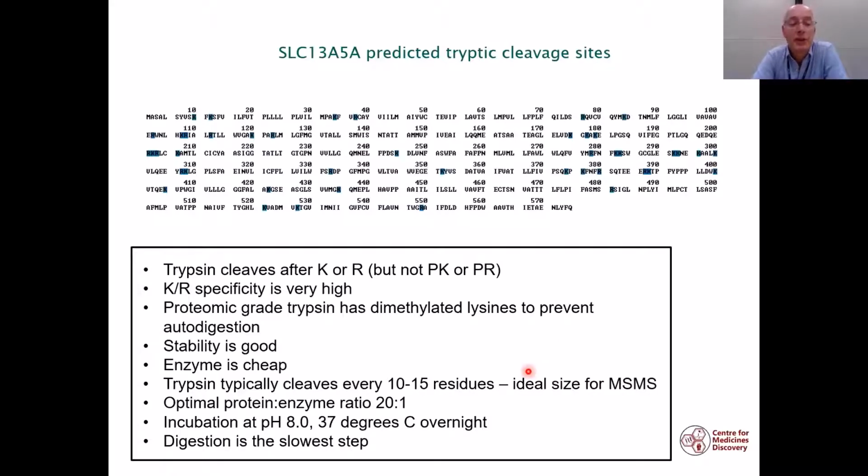There's an optimal protein to enzyme digest ratio of 20:1. The incubation has to be above pH 7, and it's typically done at 37 degrees overnight. There are ways of speeding it up slightly, but nevertheless, the digestion is usually the slowest step in your analysis.